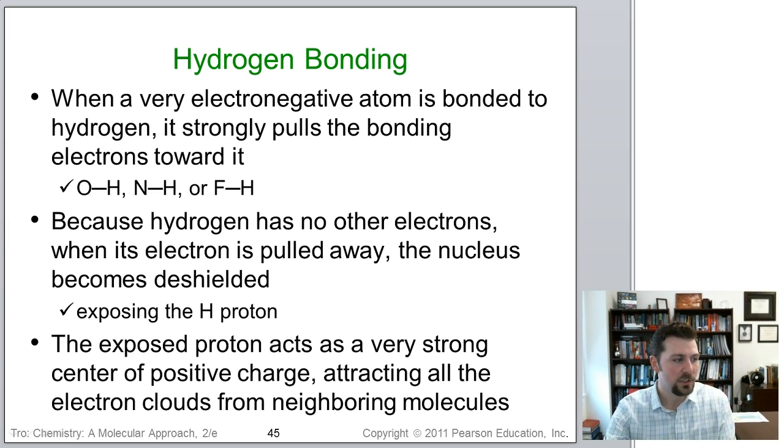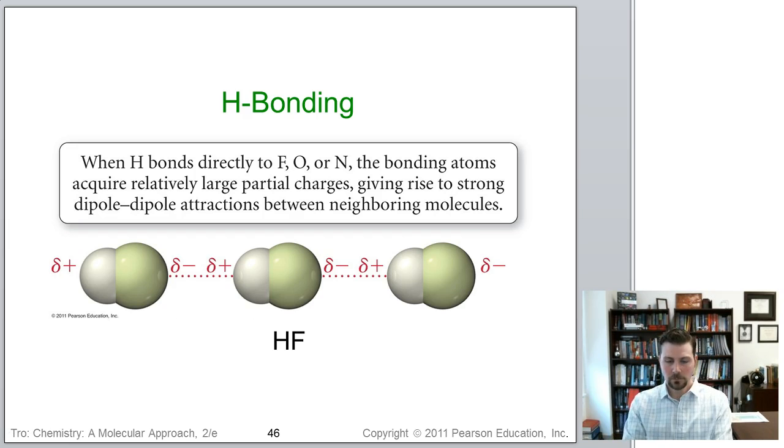So imagine you have a situation like HF here, and that hydrogen is attached to a NOF, to a fluorine in this case. And so that means we can have hydrogen bonding. So notice the one side of the molecule is hydrogen, the other side is fluorine. And so that hydrogen on the one side is going to be slightly positive, and the other side of the molecule is going to be slightly negative because fluorine is very electronegative.